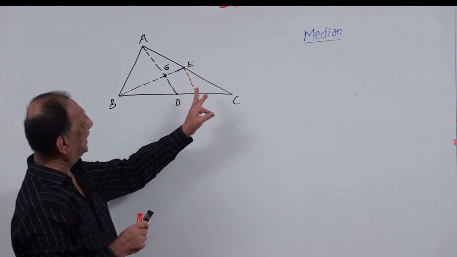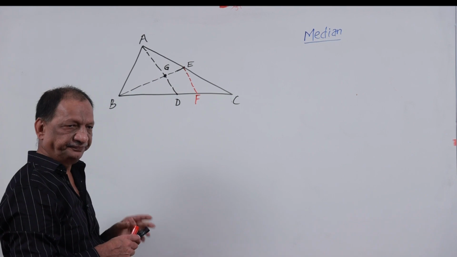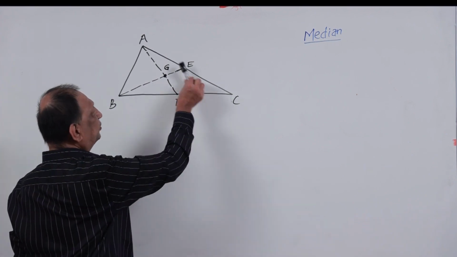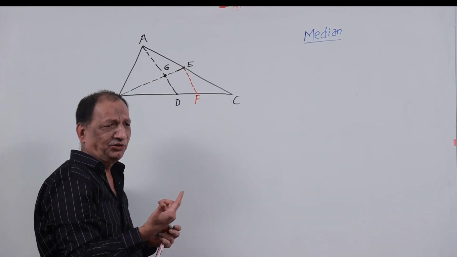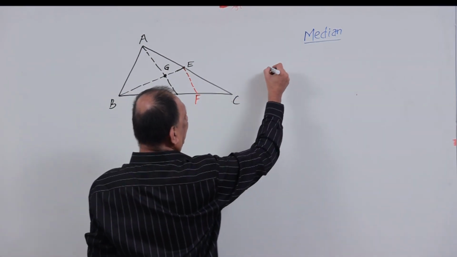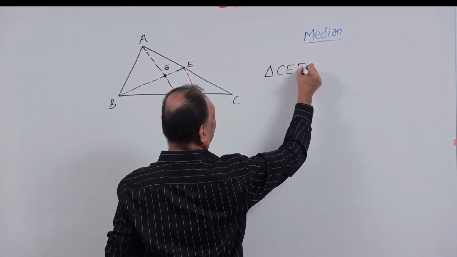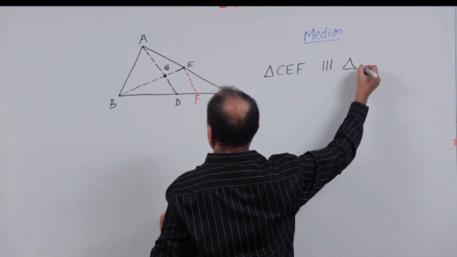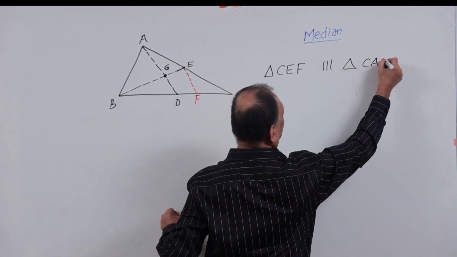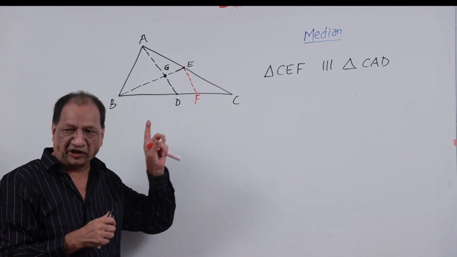Now, if you look at the triangles CEF and CAD, they are similar because I got 2 parallel lines, one single vertex, you got corresponding angles which are equal. I won't even mention that. So, triangle CEF is similar to triangle CAD. I have written the vertices in the correct order.